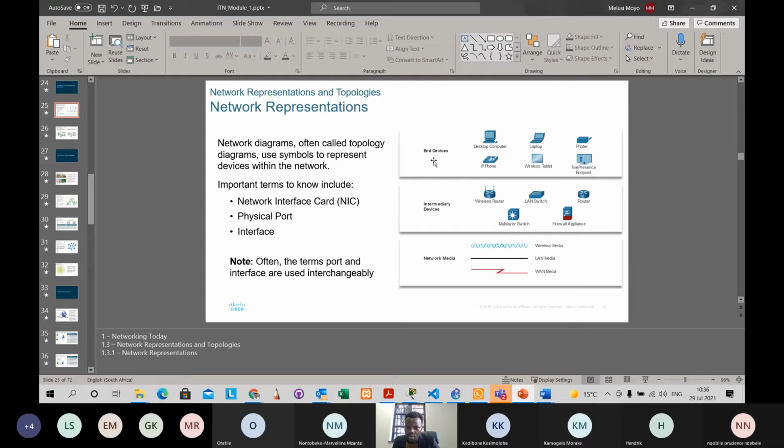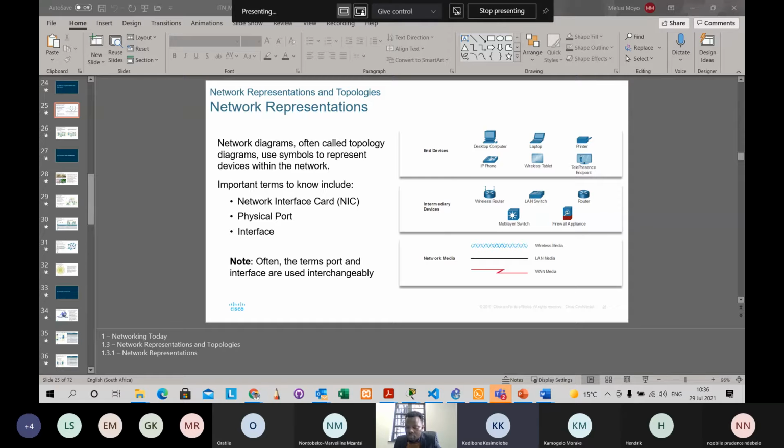You can see at the top there, we have end devices. What's the other term for end devices? We looked at, I think, 4 of them.